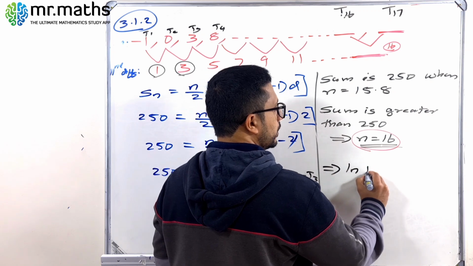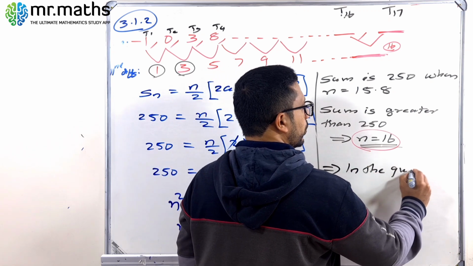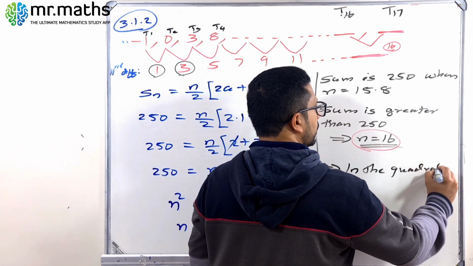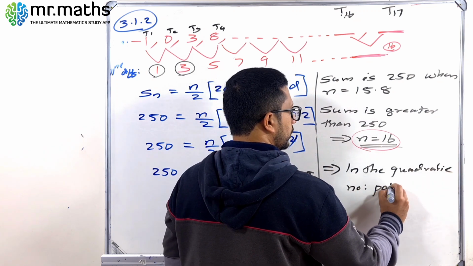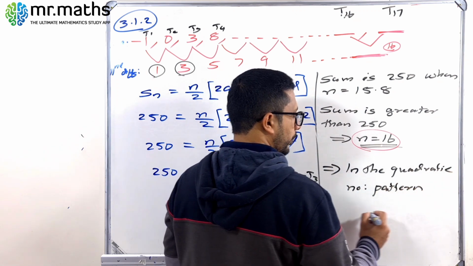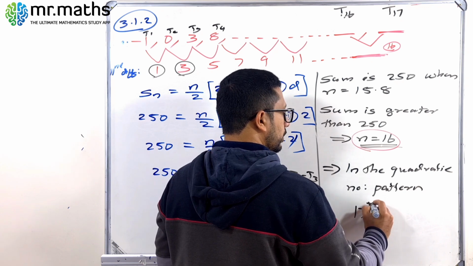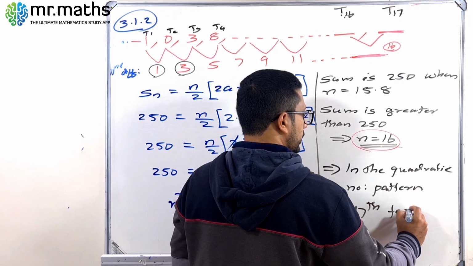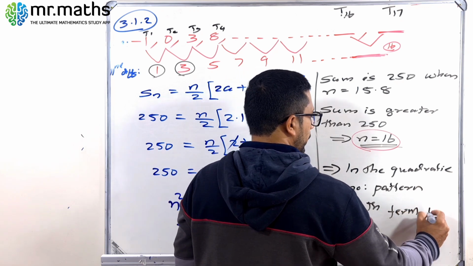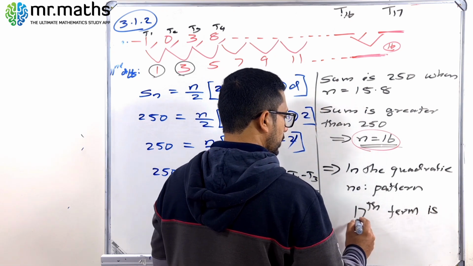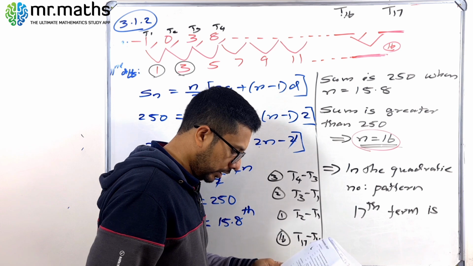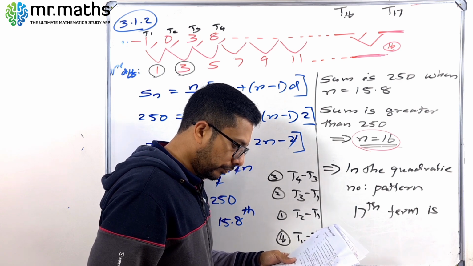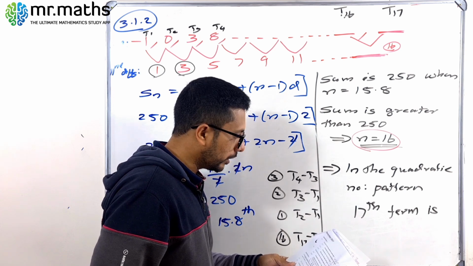In the quadratic number pattern, the 17th term is the position, or the position of, what is the question? Determine the position of the first term in the quadratic number pattern. Okay.